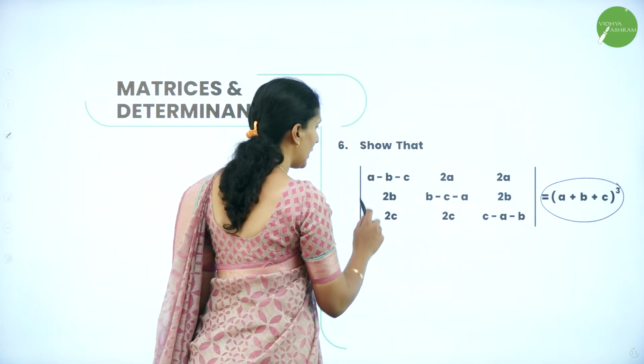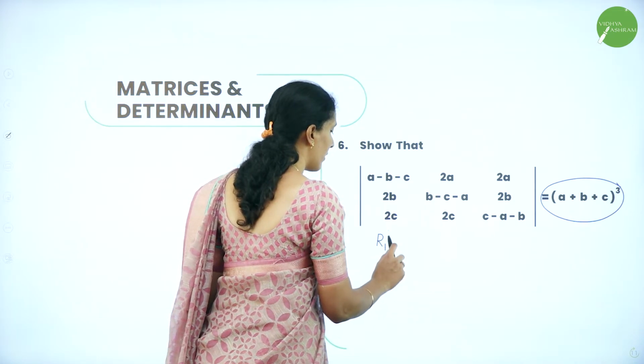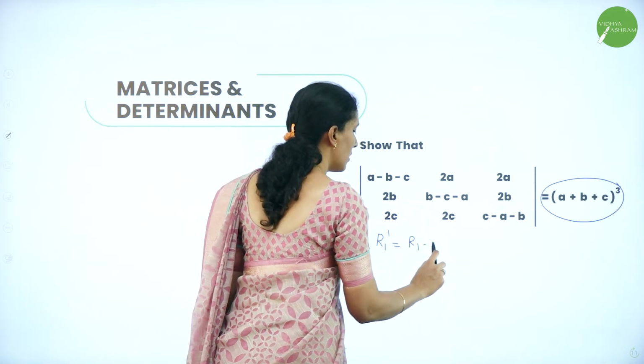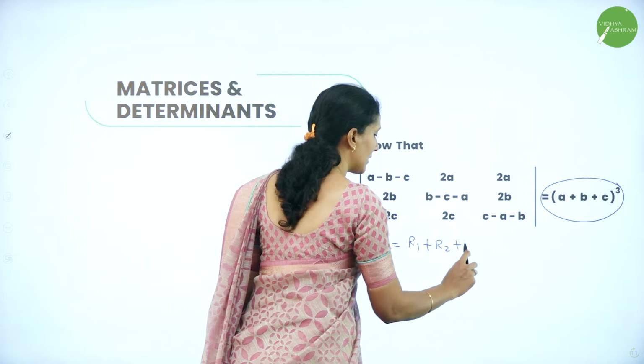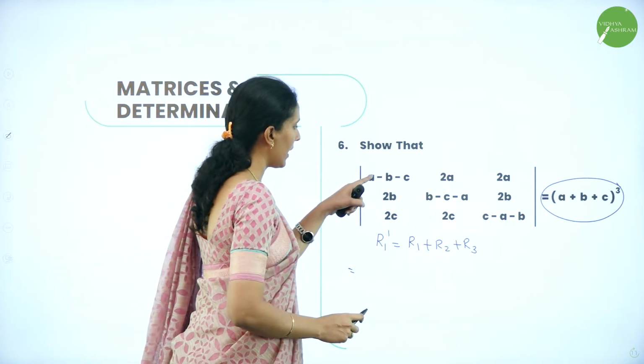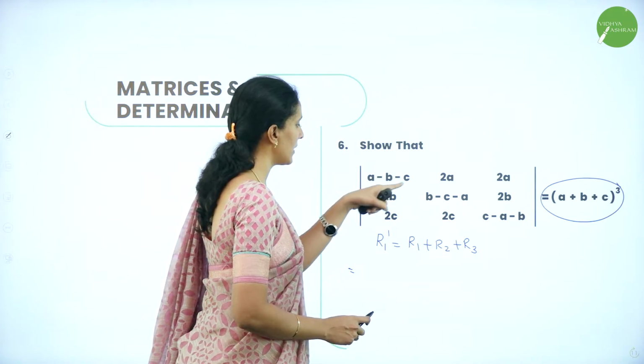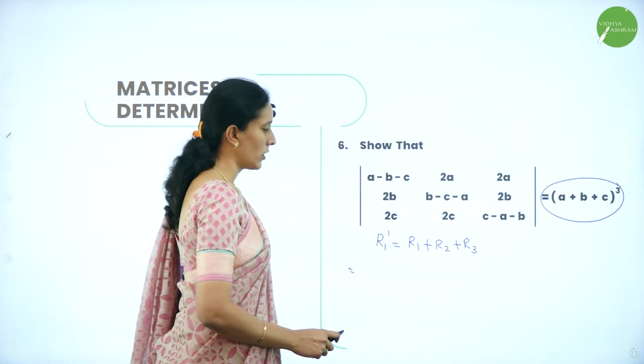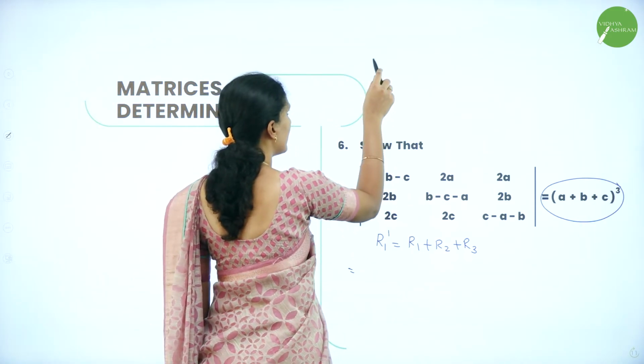Here, let me take row 1 as R1 plus R2 plus R3. Then what happens? You should add all these.